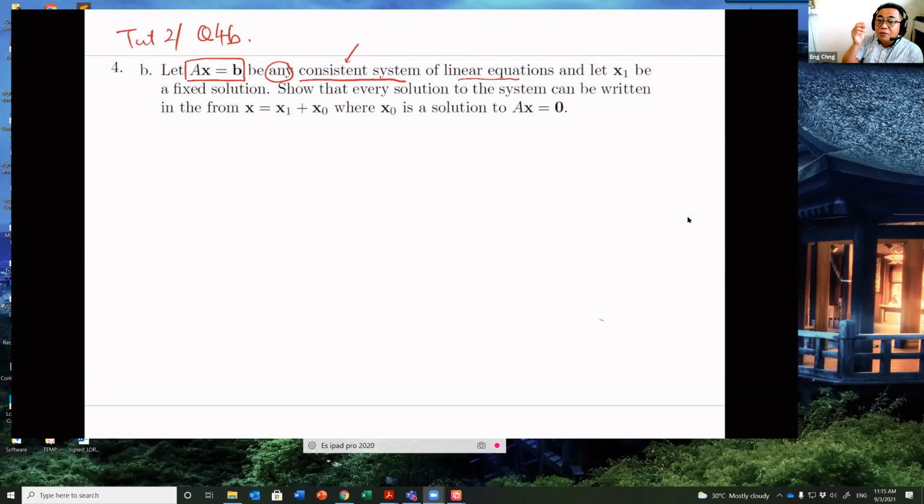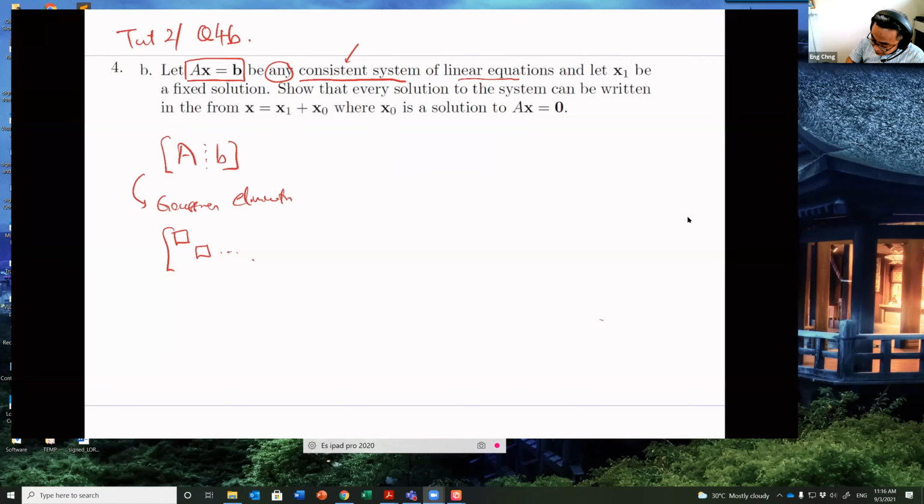It means that when we perform row reduction on the augmented matrix, using Gaussian elimination, what will you end up with, guys? You might end up with some pivots, some no pivots, some pivots.